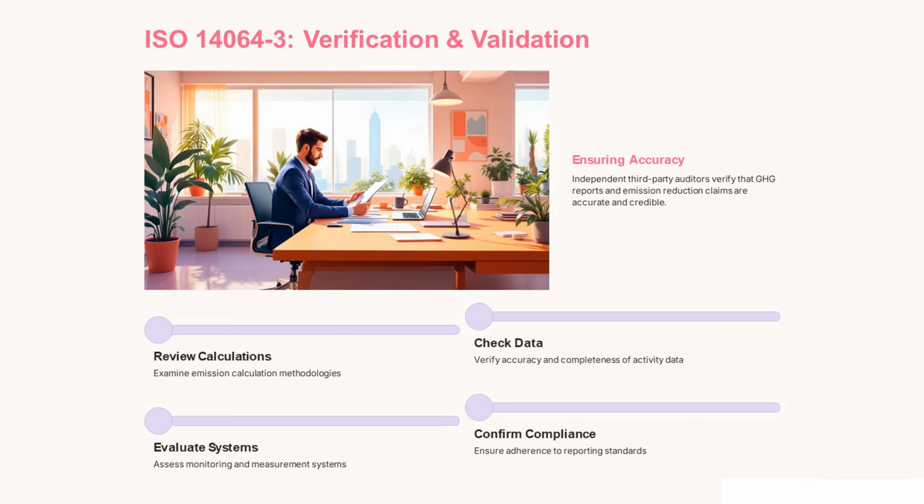Verification involves several steps such as reviewing emission calculations, checking data accuracy, evaluating monitoring systems, and confirming compliance with the reporting standards. This step is extremely important because organizations often report emissions for sustainability reporting, carbon markets, ESG disclosures, and regulatory compliance. ISO 14064-3 ensures that the reported information is reliable and transparent.